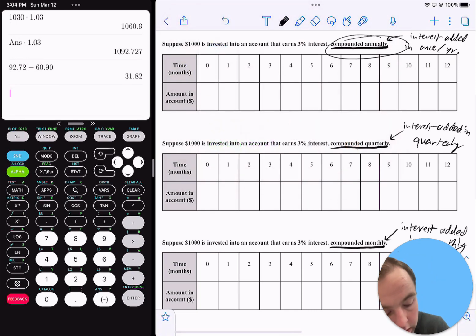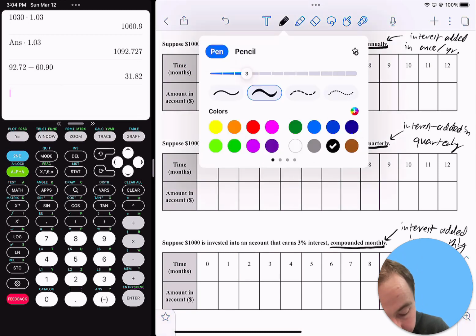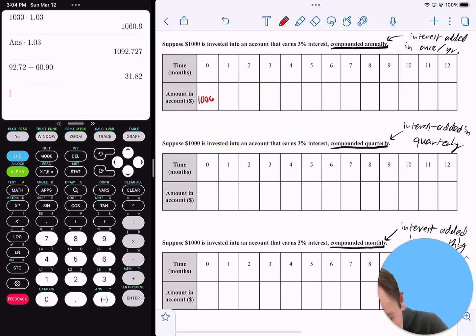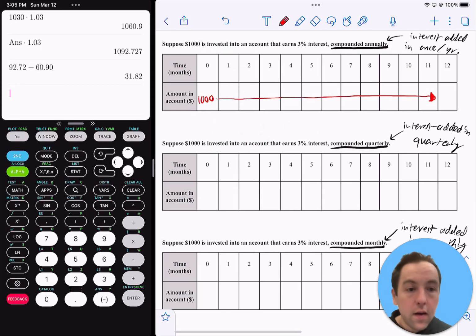The first scenario is where we are compounding annually. What should happen in our scenario is that we should have $1,000 in our account initially, since that's our principal. Because interest is only going to be added into your account once per year, this $1,000 balance is going to stay the same all the way throughout the year, during all of these initial months. But as soon as we get to the end of the year, that's when interest will be added into our account.